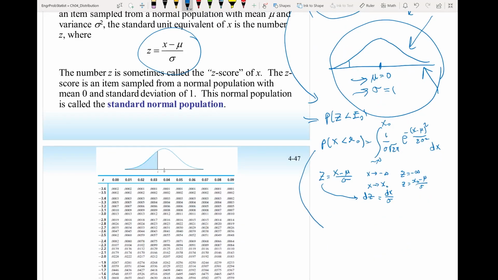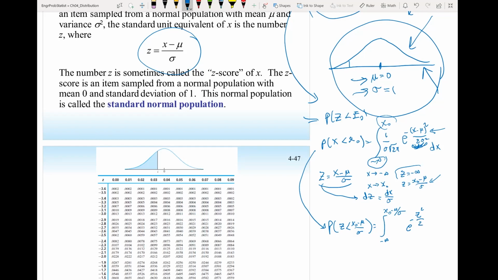Now I can rewrite this probability. Instead of x, I will make it z less than (x naught minus mu) over sigma. Instead of the minus infinity here, it will be z equals minus infinity. Instead of x naught here, it will be this value, (x naught minus mu) over sigma. Now this term, e to the minus ((x minus mu) over sigma) squared, I will replace by z squared, then I have these two here, over 2.